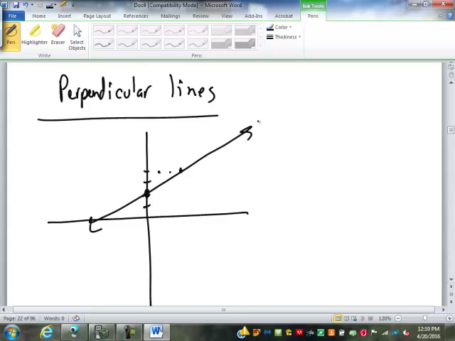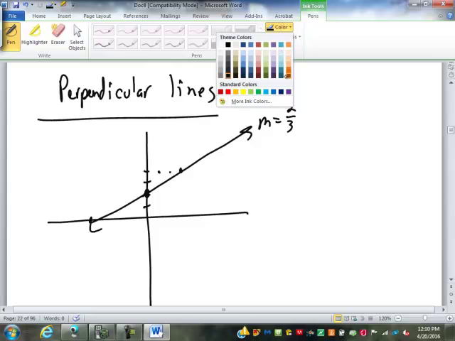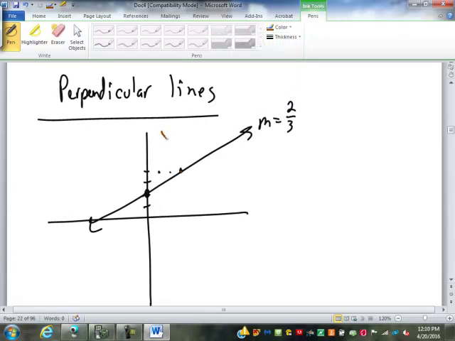I put this line on here with a slope of 2/3. For a line to be perpendicular to it, I'm going to put it through right here, the right angle. First of all, the slope of this line must be negative. So for lines to be perpendicular, one has to have a positive slope and the other has to have a negative slope. They can't both be positive or both be negative.